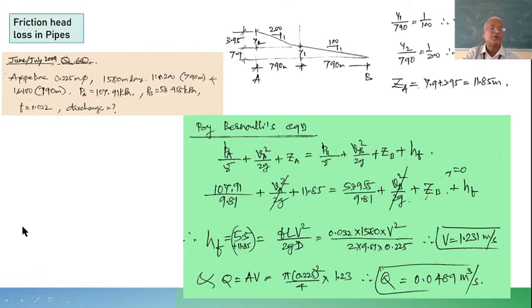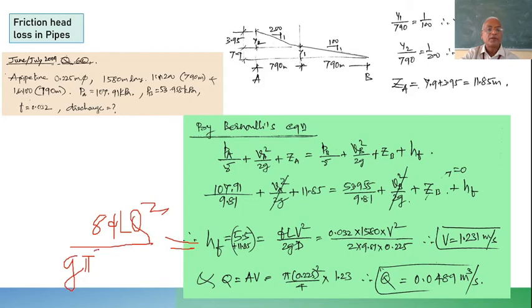You could have done this directly as 8FLQ squared also. Means this I could have equated to 8FLQ squared divided by G pi squared d raised to 5.